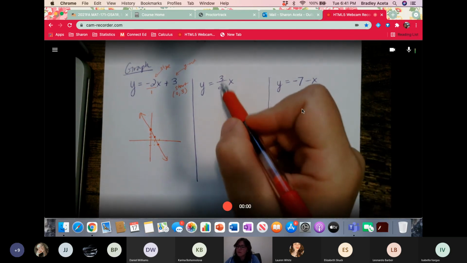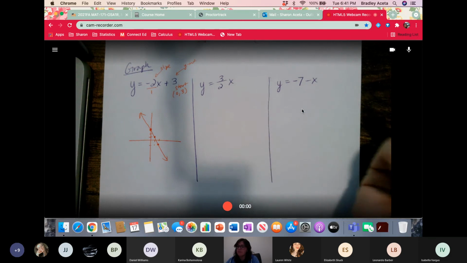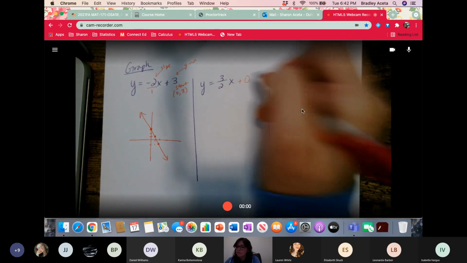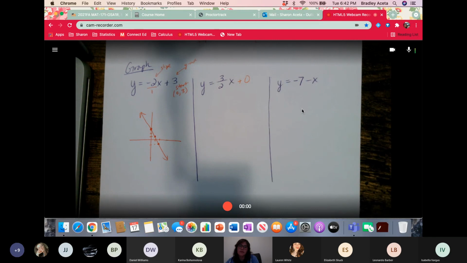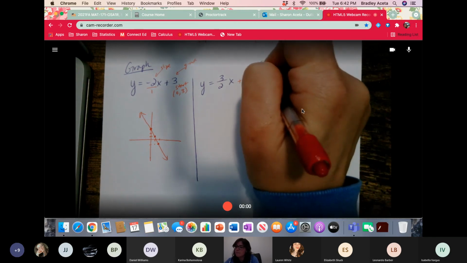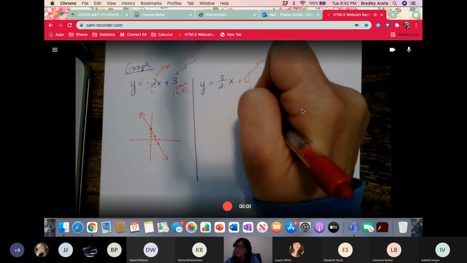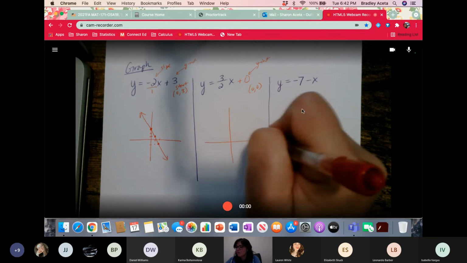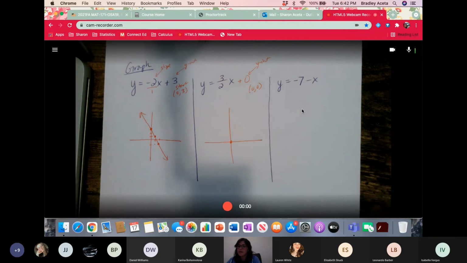What about this one? y equals 3/2 x. Where's the b? Well, it's 0. There's nothing after it, so we can call it 0. So that's where we start. That's the y-intercept, 0, 0. And so draw my little axes here. I'm going to start right there at 0, 0.